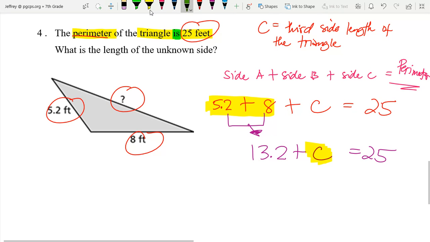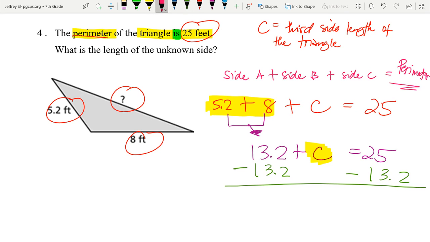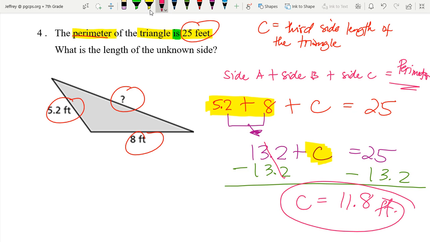So that's going to be minus 13.2. Whatever you do on one side, you do on the other side, 13.2. So you get what? Absolutely. So this is a 0. C, which is the third side length of the triangle, was 25 minus 13.2. And that should give us 11.8 feet.